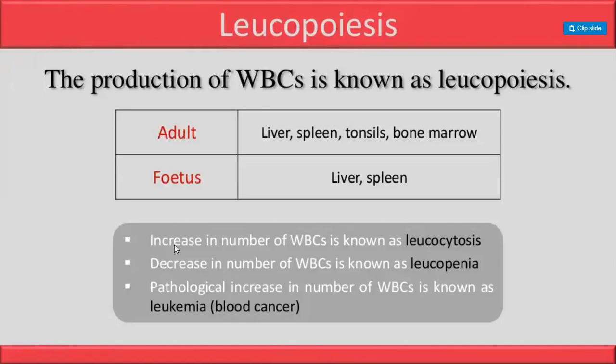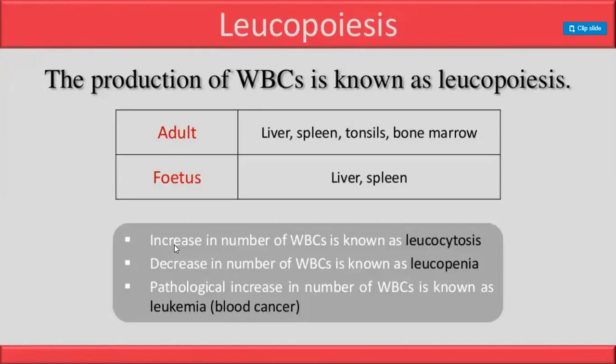We have different types of leukemia, and I will tell you how to differentiate them. We have acute myelogenous leukemia, chronic myelogenous leukemia, acute lymphocytic leukemia, and chronic lymphocytic leukemia. So we'll differentiate all of them and tell you how to identify when you see a leukemia.